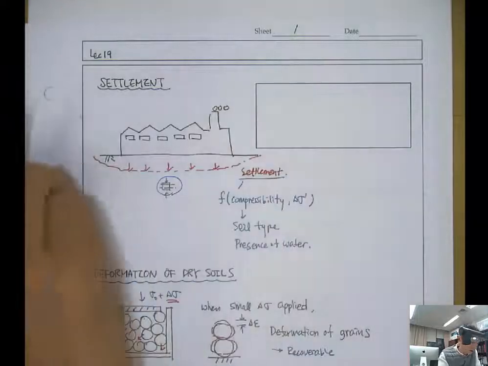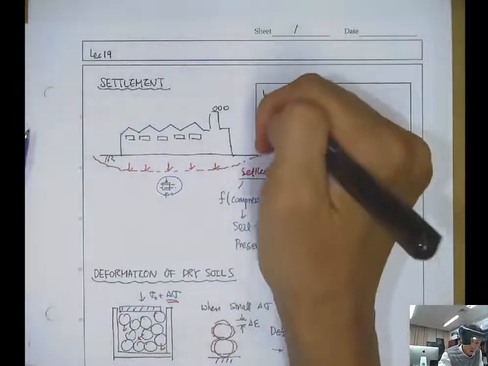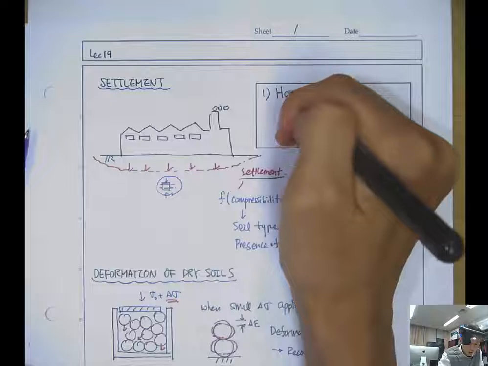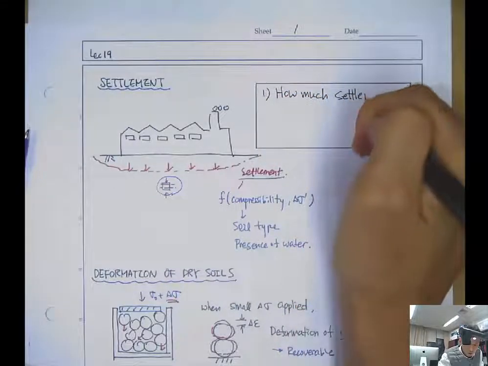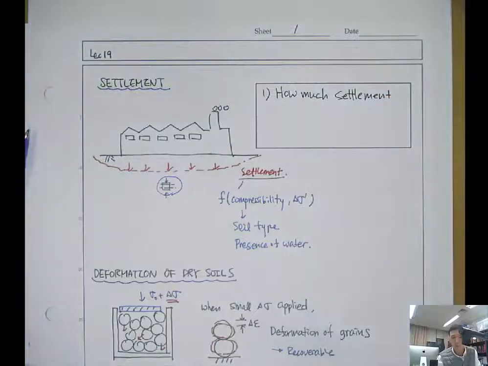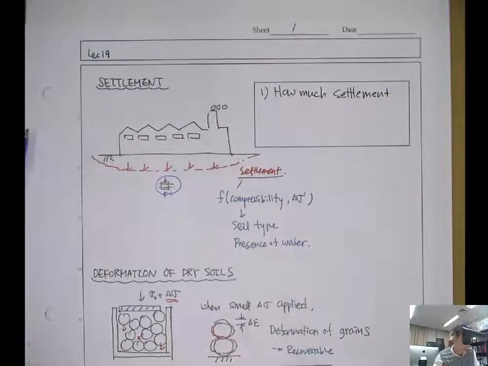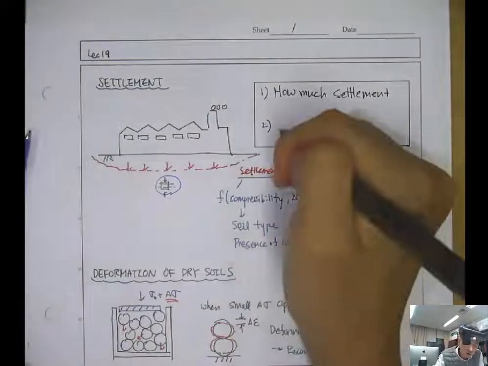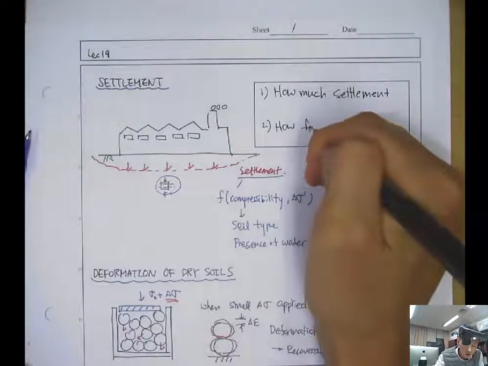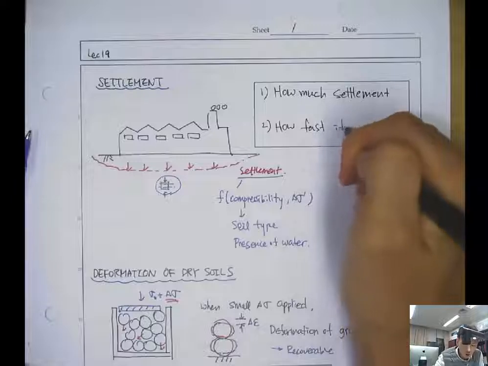So then the question here is, there are two questions. One is how much settlement will occur. And the second question is then how fast it will occur.